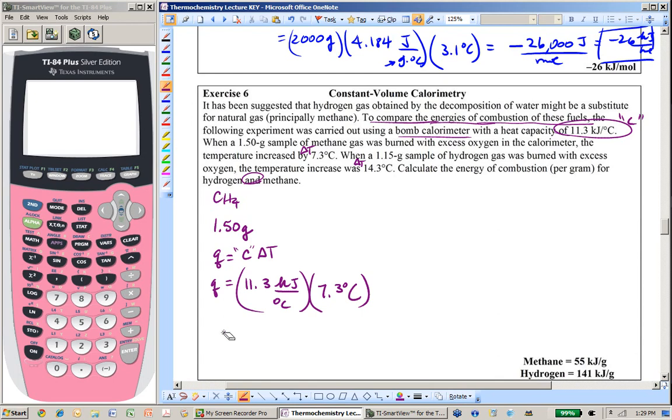So Q of methane is 11.3 times 7.3. And I get 82.49.